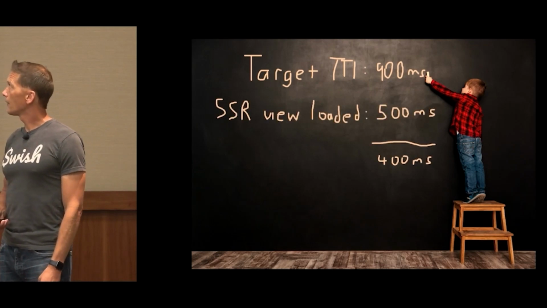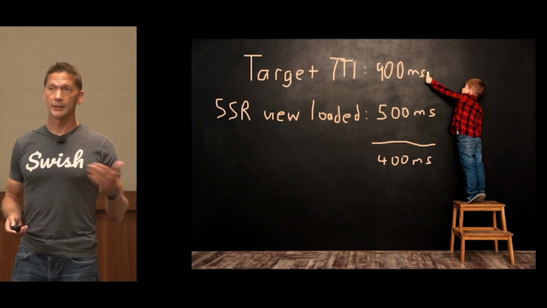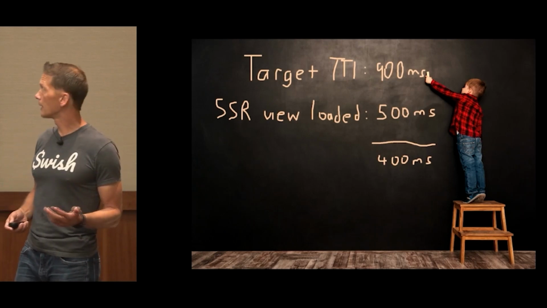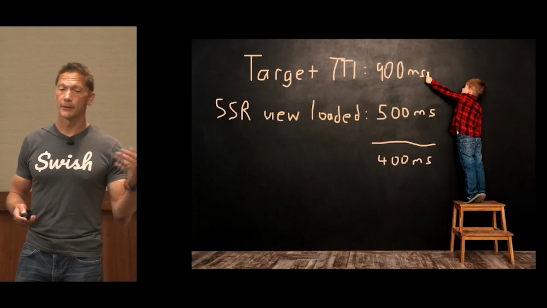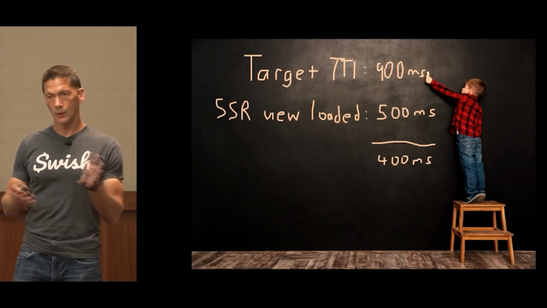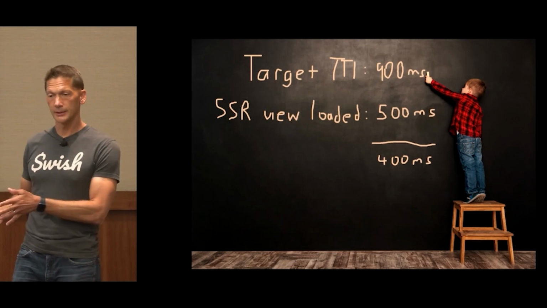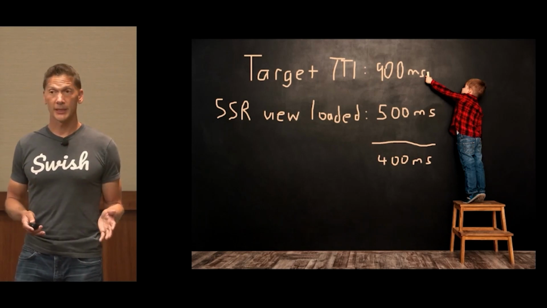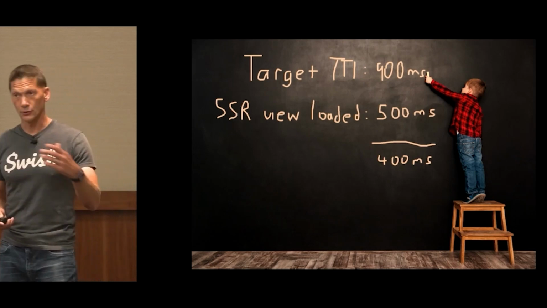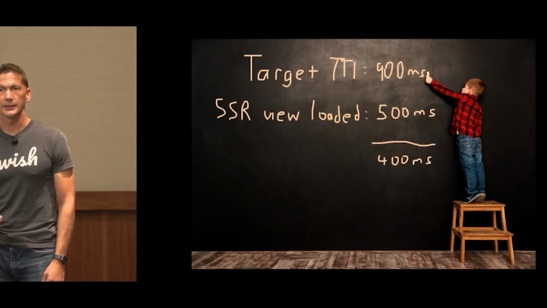And of that 900 milliseconds, we still need some time for the server to render its view. That's not a best case, but a good case for the server view to get rendered and sent down to your client. 500 milliseconds is difficult, but it's definitely achievable, especially if you're using a CDN and a cache manager, that type of thing.